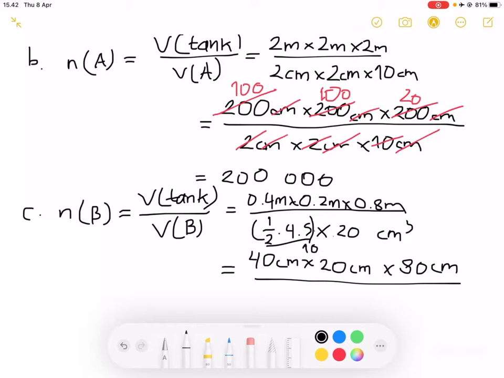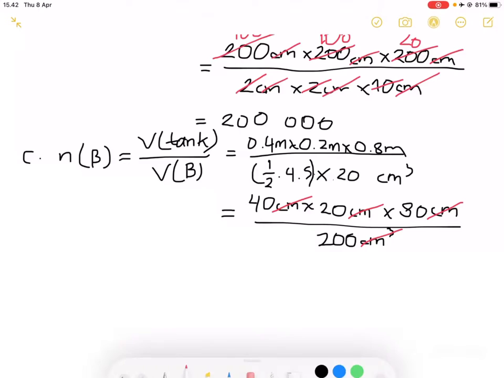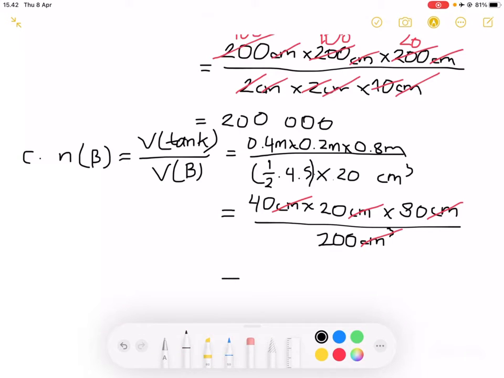This whole becomes 10 times 20, which will become 200 centimeters cubed. Notice that these units will cancel out, and notice we have some good, fancy cancellations. We can cancel this 40 with this 200, leaving us with a 5 on the bottom. Therefore, we can cancel this 5 with this 20, leaving us with a 4 on the top, and therefore we're left with a final answer of 320.